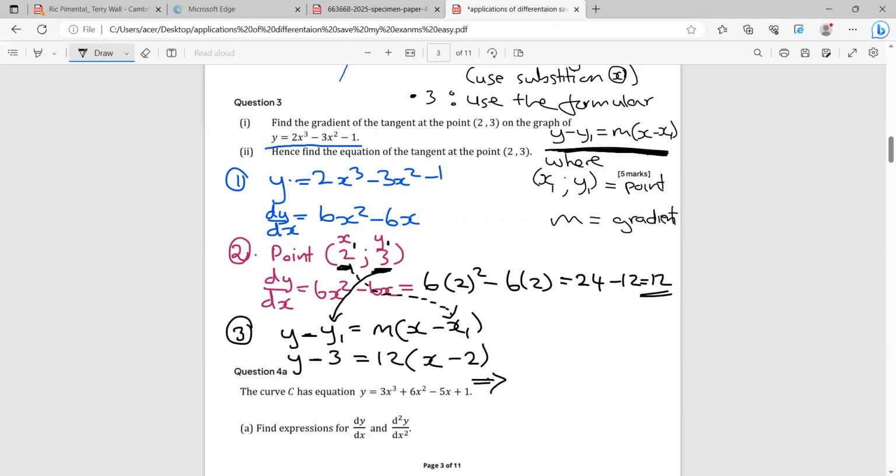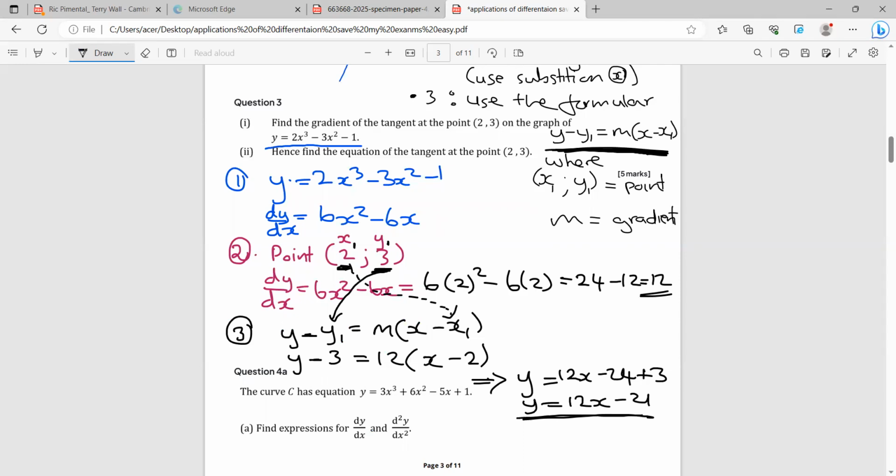I don't have space here, so I'm going to write y equals 12 times x, that's 12x, 12 times minus 2, that's minus 24. Then we transpose that minus 3, it becomes a plus 3 on the other side. And the final answer will be y equals 12x minus 21. So this will be the final answer.